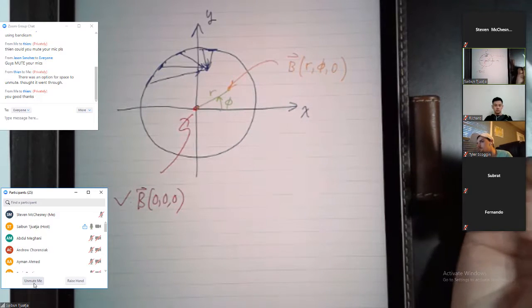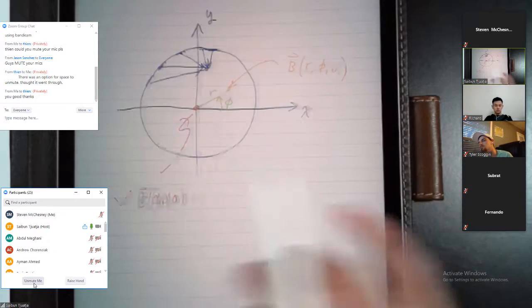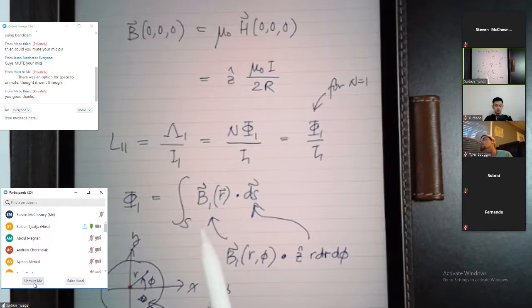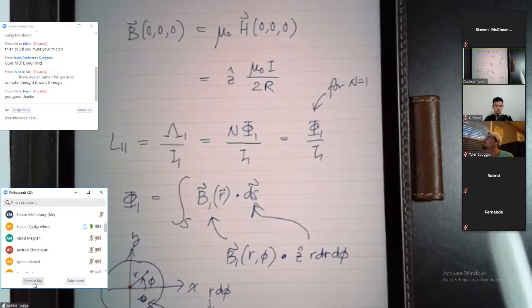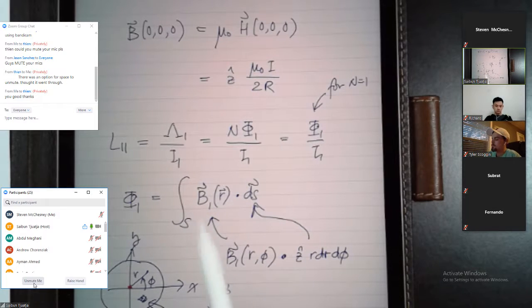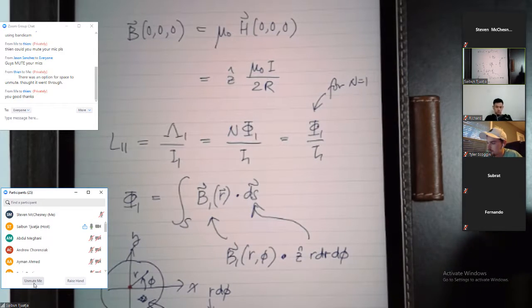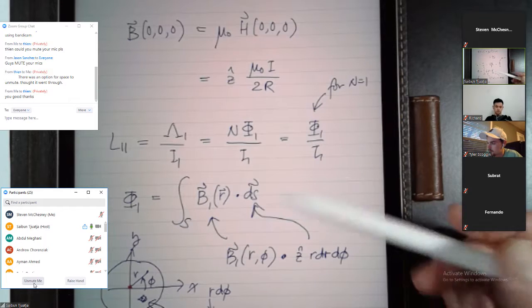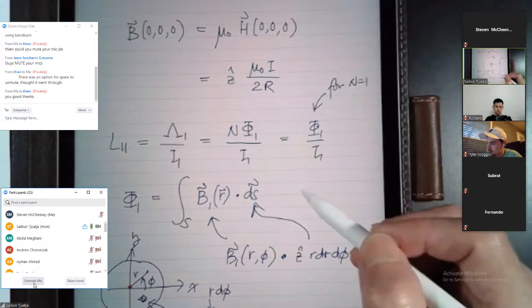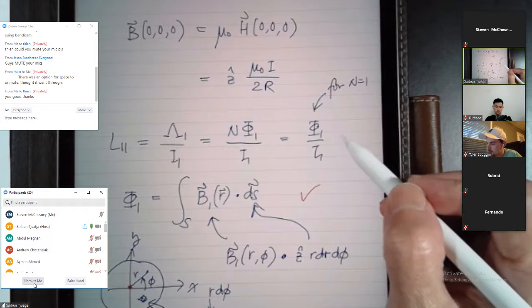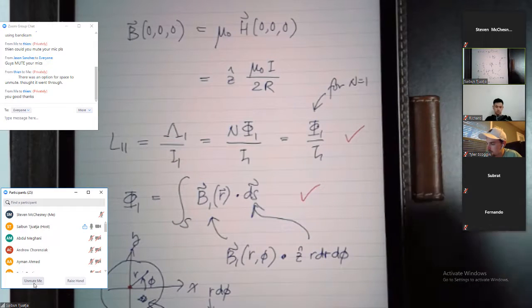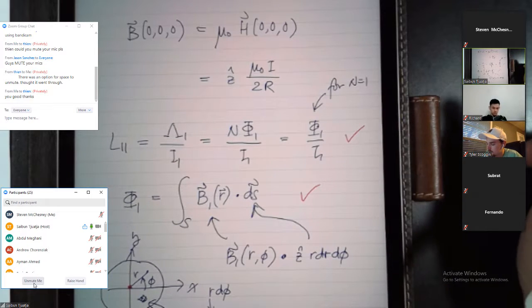So how do you solve that problem? Well, one way is to just approximate. You say it's some constant multiplied with this, and you assume it's a constant value. What I'm looking for in this particular problem is whether you remember this, and whether you remember the definition of self-inductance and mutual inductance.